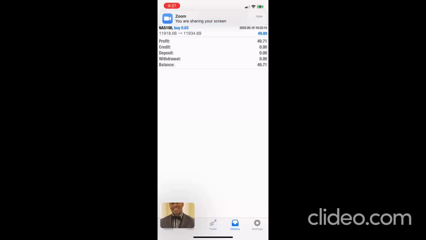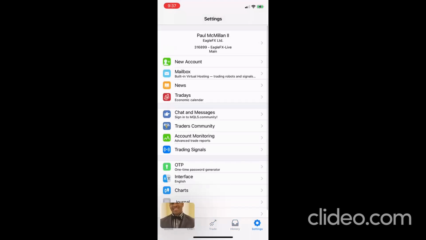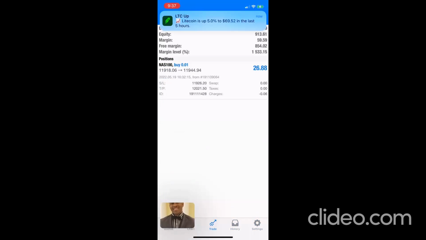As you can see, $49 profit. This is in my live account, so don't be thinking it's my demo, y'all. I'm still about $25, $26, $29 in profit. I'm going to keep letting this trade ride up because I already trailed my stop loss, so if it pushes me back, I'll still be in profit. It's a risk-free trade at this point.